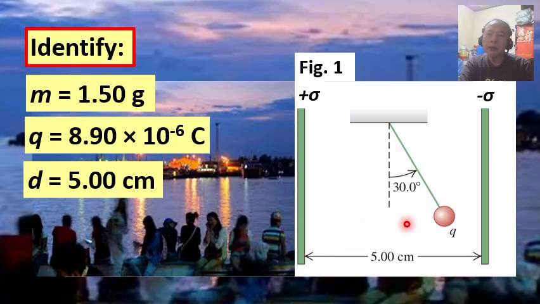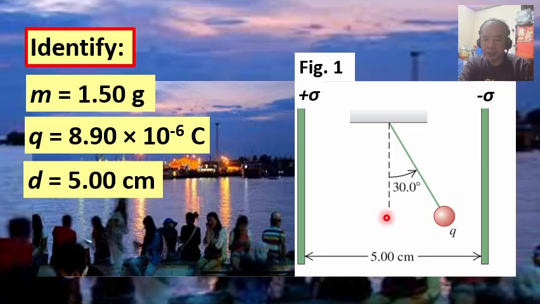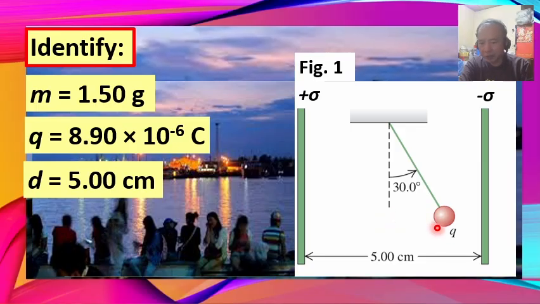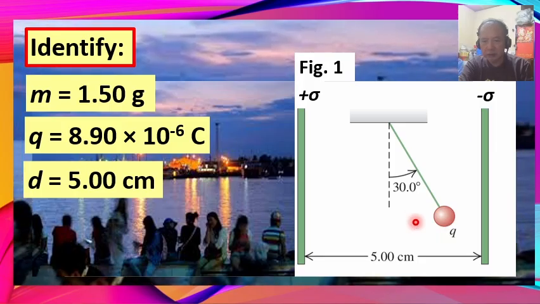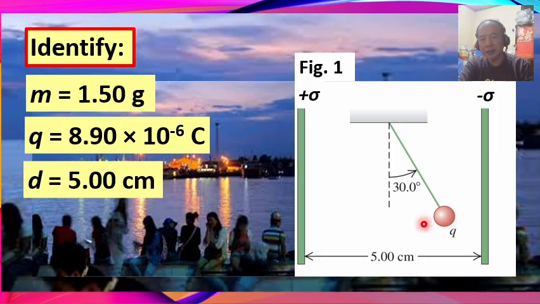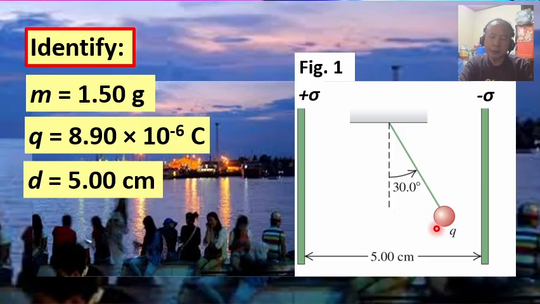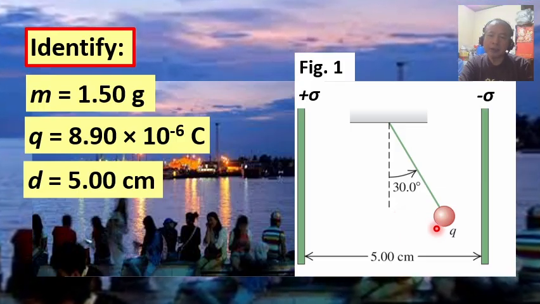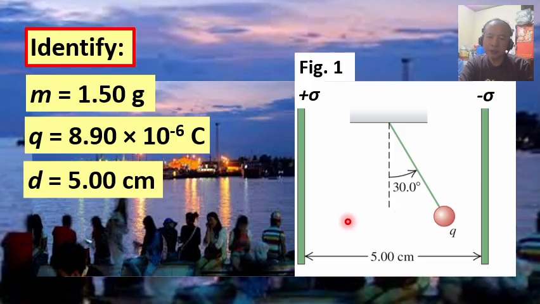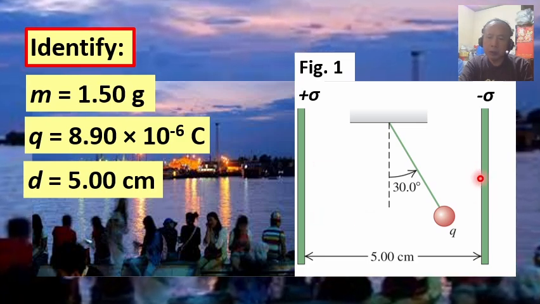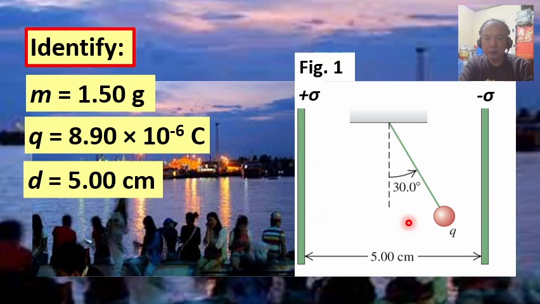So, the fact that the charged sphere is deflected to the right, we can infer that there is what we call an electrostatic force due to the electric field between the two parallel plates.